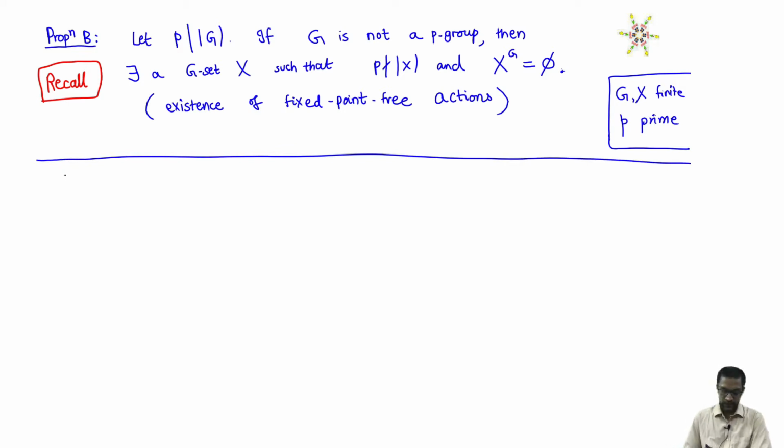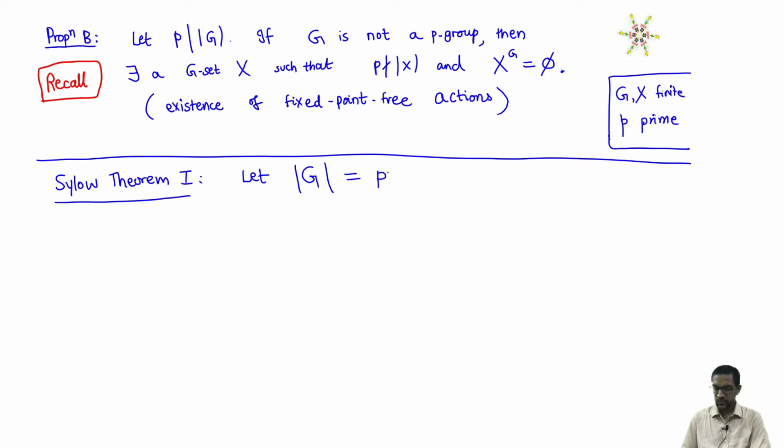So let me state what is called Sylow theorem number 1. It says let G be a finite group whose cardinality is divisible by p, so same assumption as above. I will assume that the cardinality of G is of the form p^d m, so I'm assuming the cardinality is divisible by p. So the power d is at least 1, and here m is at least 1.